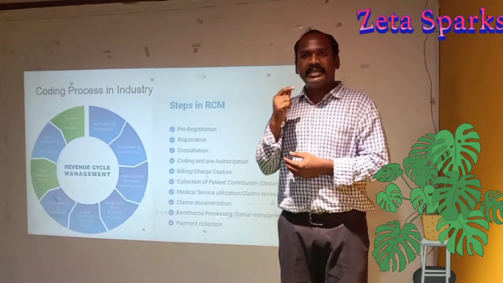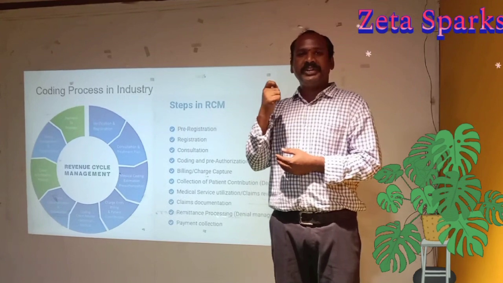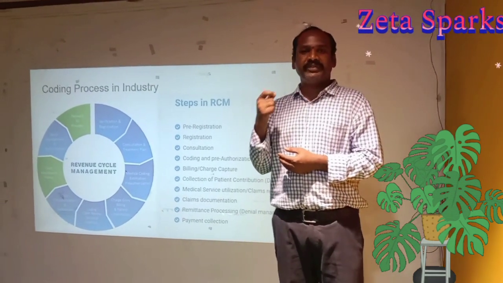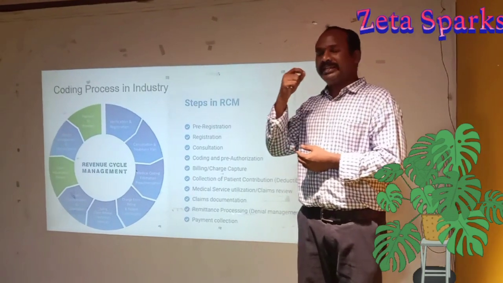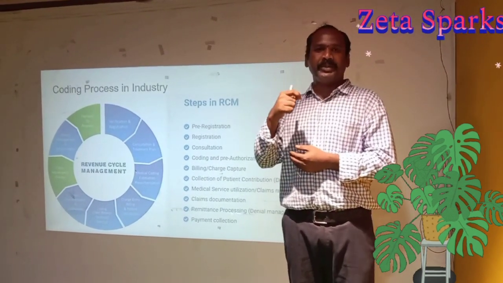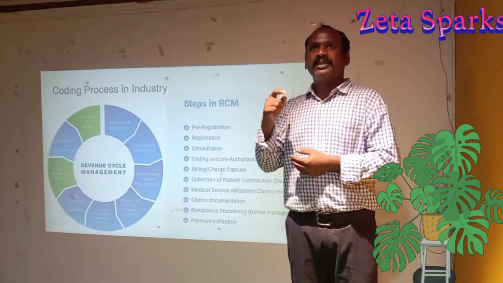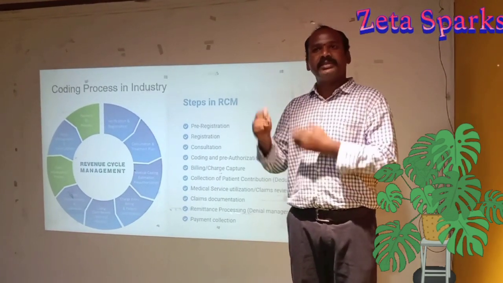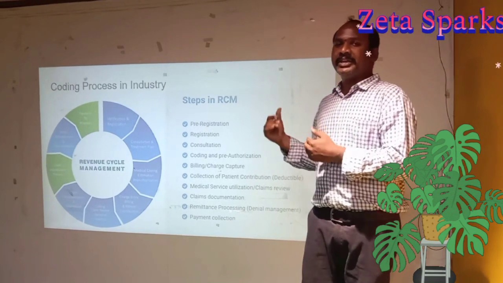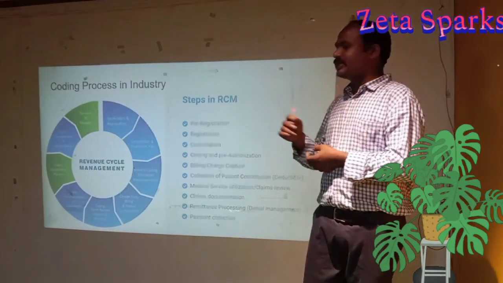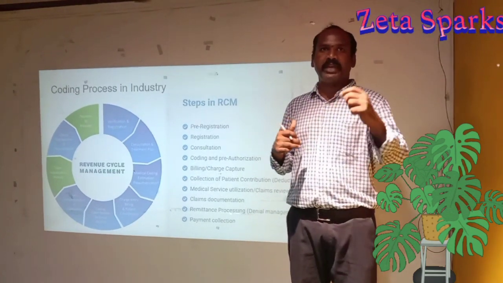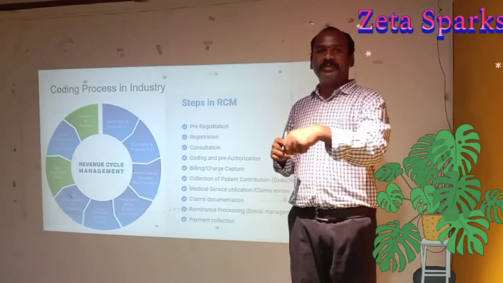If the gum swells, it will be treated with medicament. If it is still not cured, they will go with root canal treatment. For this root canal, the amount is paid by the insurance company. Once the insurance company confirms the authorization and the amount, the coding will be started.